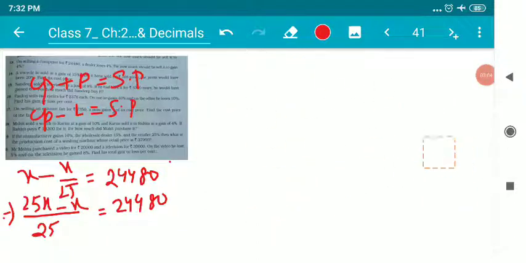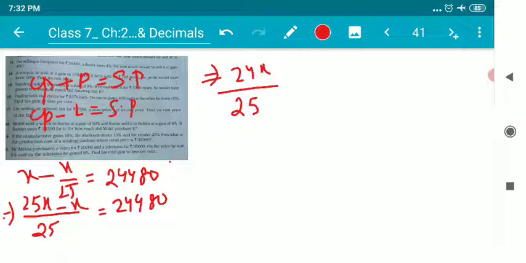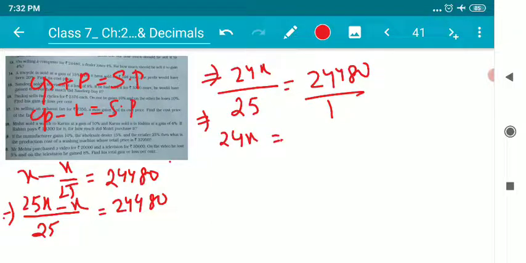Okay, now 25X minus X is 24X by 25 is equal to 24480. Now cross multiplication here is nothing, 1. Cross multiplication: 24X into 1 is 24X, and 25 into this one, let it be like this only. Don't multiply. It will be quite easier for us to calculate if we do not multiply.